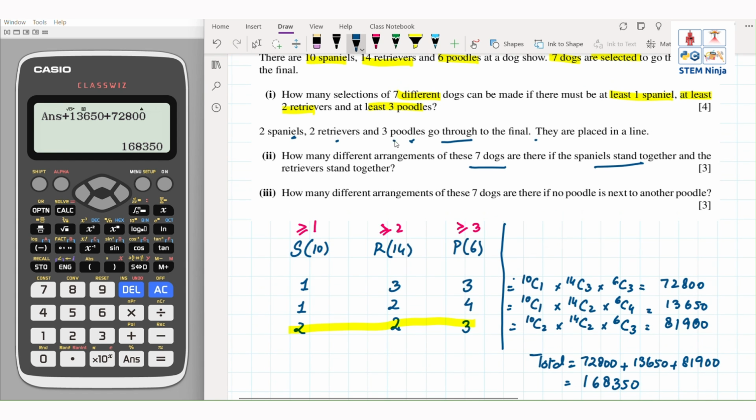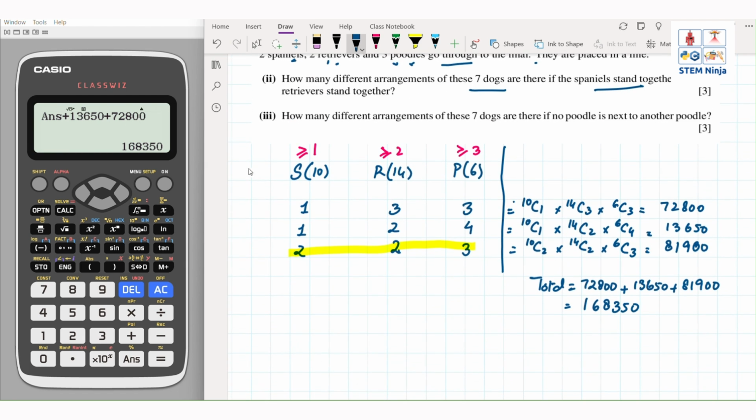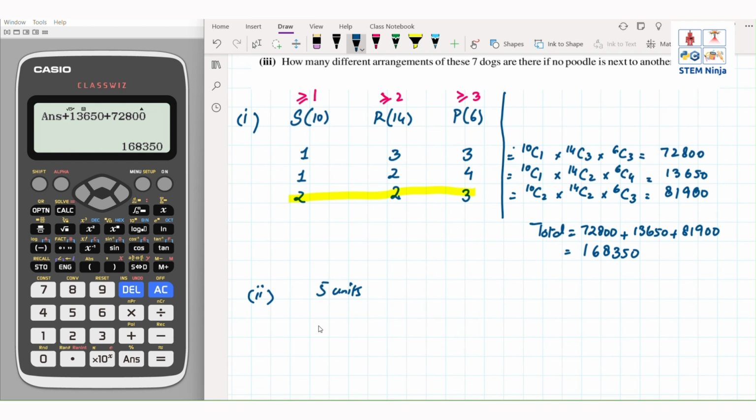Okay, so we have 3 poodles, but 2 units for spaniels and retrievers. So that means 5 units, right? Because we have the spaniels together and the retrievers together, but poodles can be anywhere.